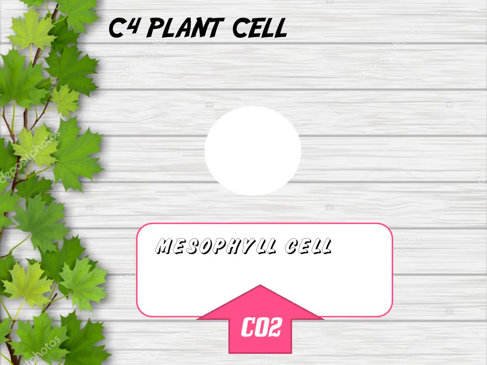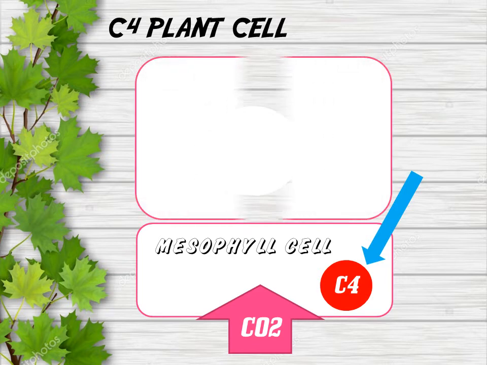During C4 photosynthesis, CO2 moves into the mesophyll cells and is immediately fixed into a 4-carbon molecule, thus where the name C4 comes from. But the anatomy of C4 plants is different from C3 plants. In C4 plants, chloroplasts are found in the mesophyll cells and also in the bundle sheath cells, which surround the leaf vein.